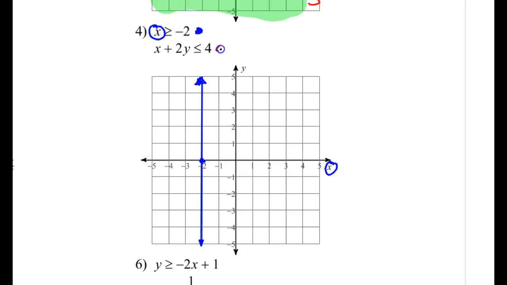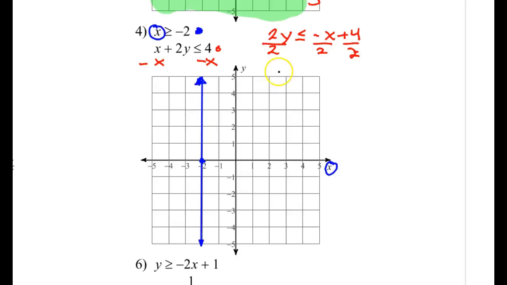So lastly, you have to solve a little bit here. So you get 2y, so that means you have to get -x plus 4. Divide everything by 2. So there's a little bit of solving here.